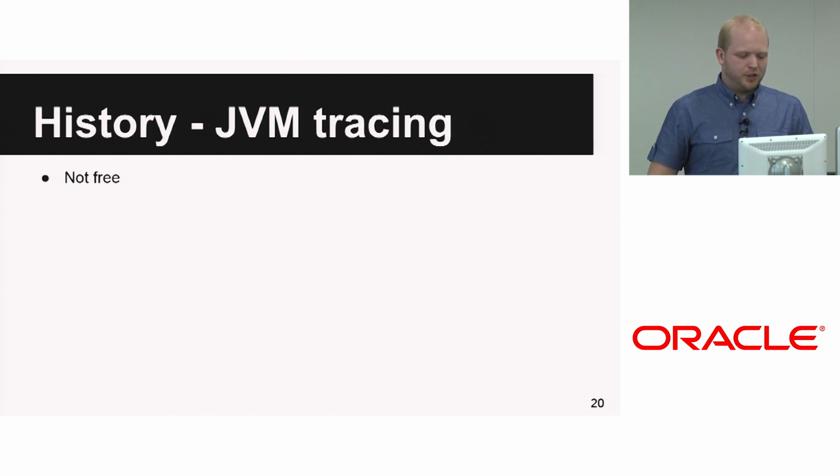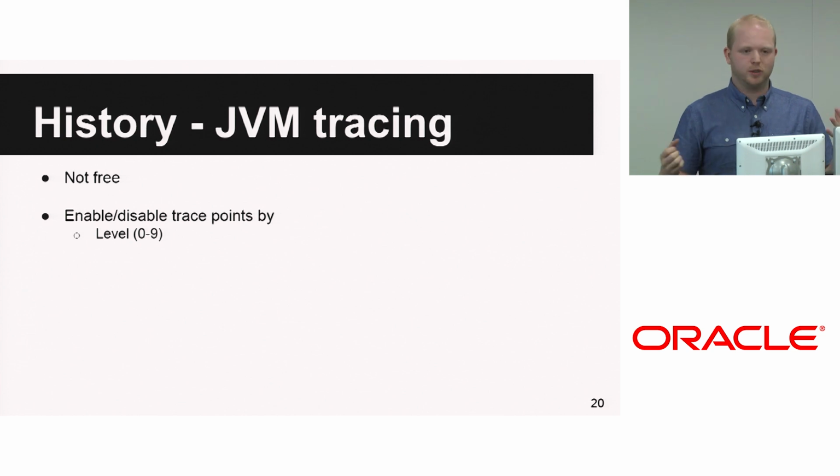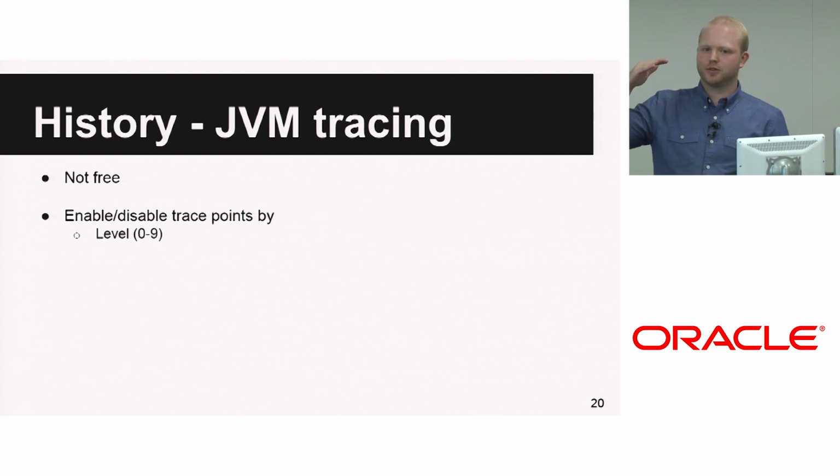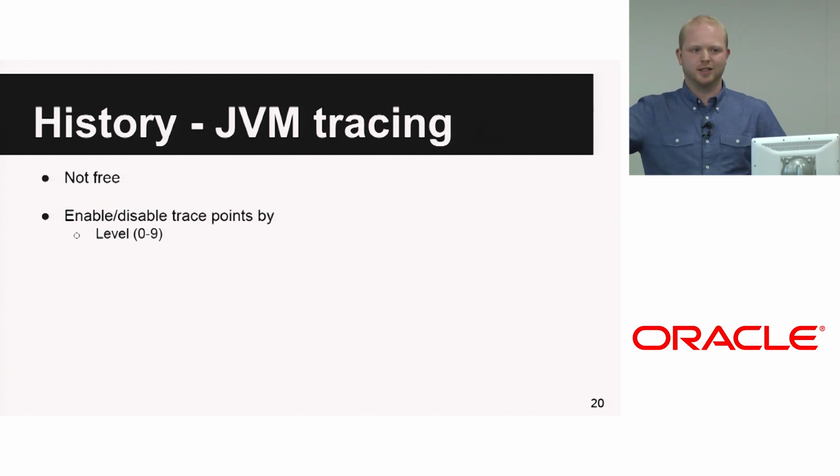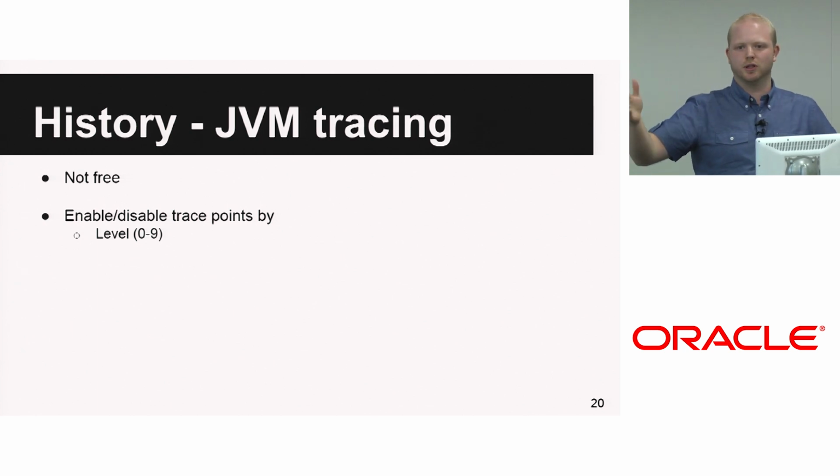So what we want to be able to do is to control which trace points are active. We do that by assigning them levels, where 0 is most important and 9 is least important. So it becomes cumulative: you say, I want level 5, and it only activates trace points that have a level between 0 and 5.